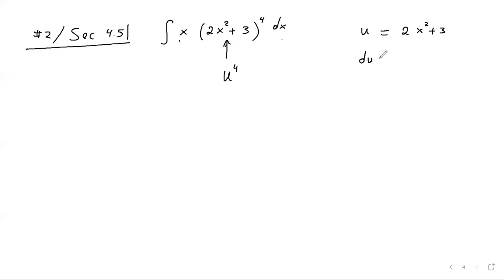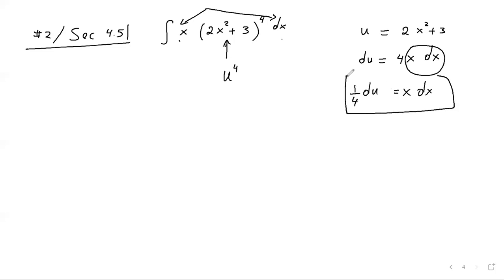So you write du, the derivative, which truly is 4x dx. If you separate x dx, it is going to be 1/4 du. That is going to be our substitution.